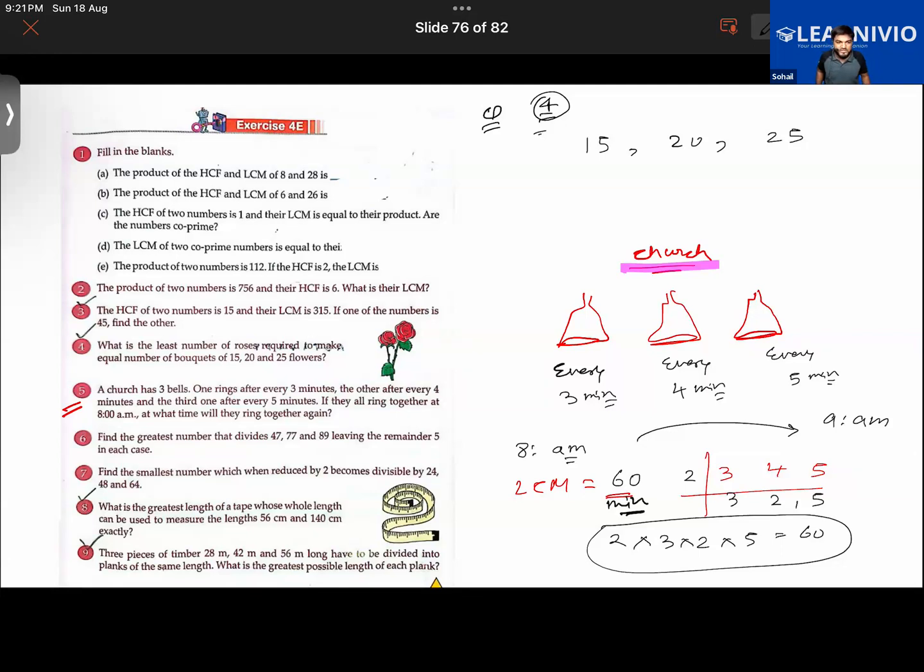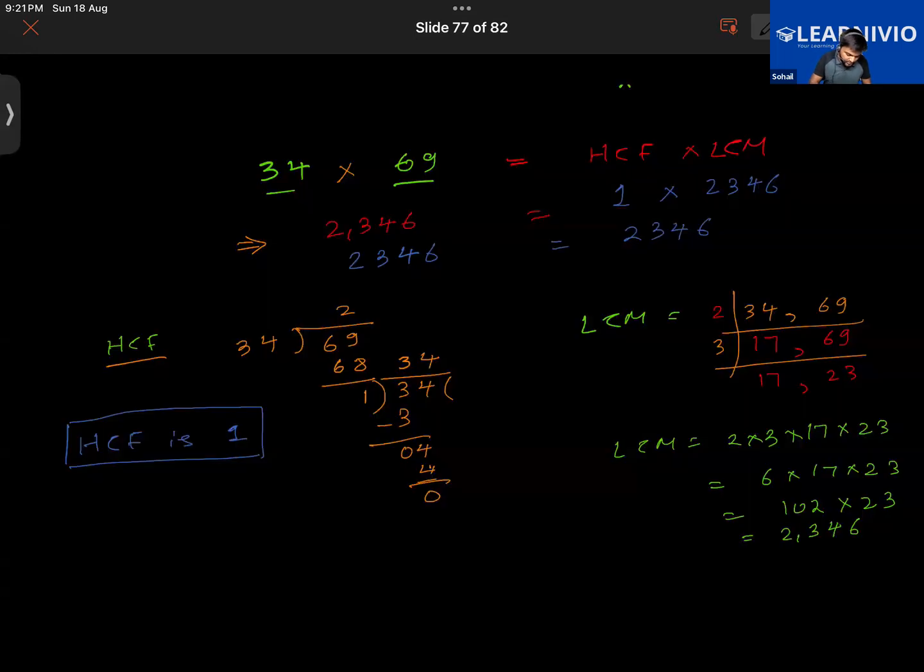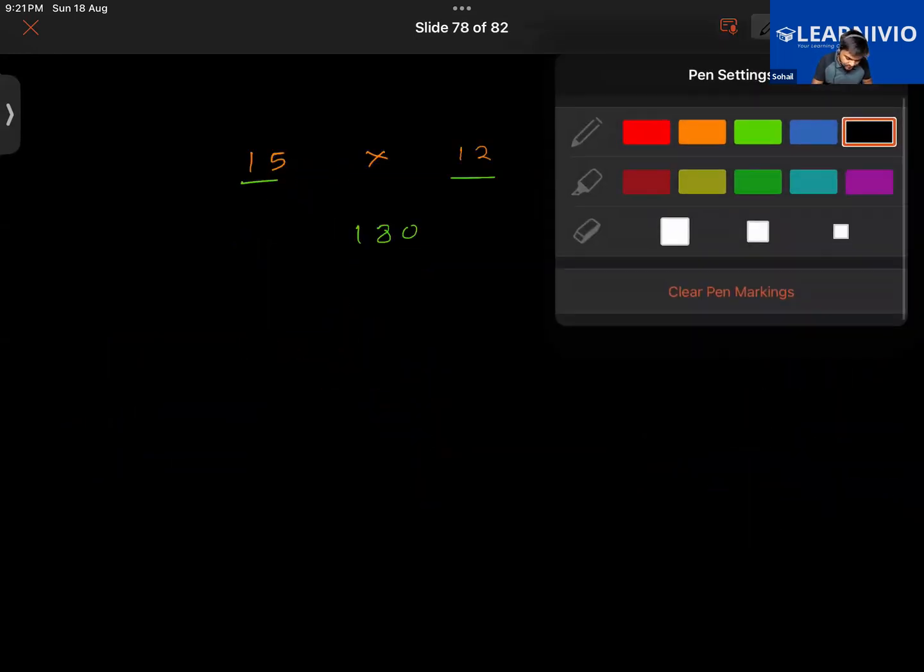If you have understood this, I'm giving you one question of the same nature. Solve this question of the same nature.